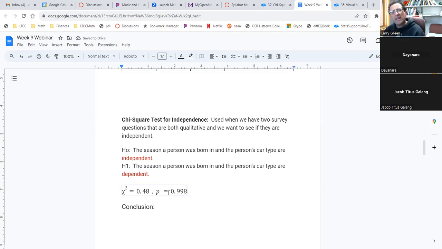All right, now again, we're at the point where you should know what to do next when you see a p-value of 0.998. What do we do?